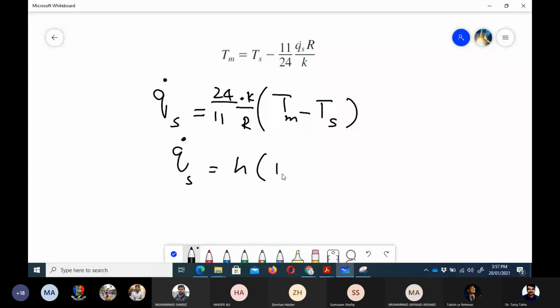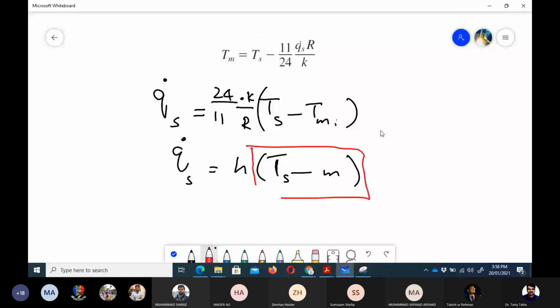Let me write it again. I think I made an error here. It should be Ts minus Tm, and here it would also be Ts minus Tm. So if we compare these two relations, it is the same thing, and we have got qs here, the same flux.